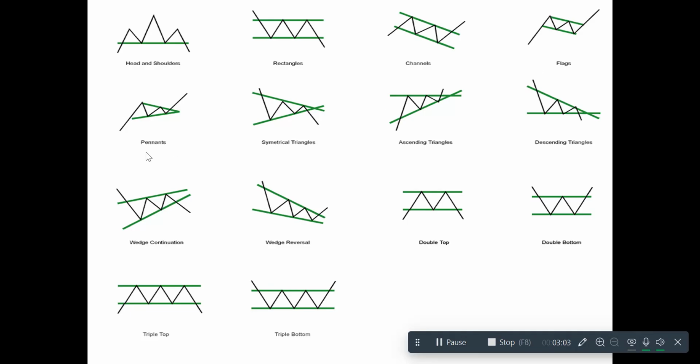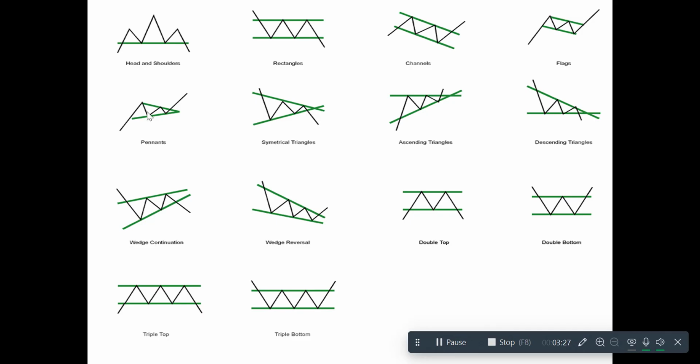And then you have the pennants and the triangles. They are almost like the same thing but a little different. When you see these shapes in the market, you assume that price is going to break out in a particular direction.